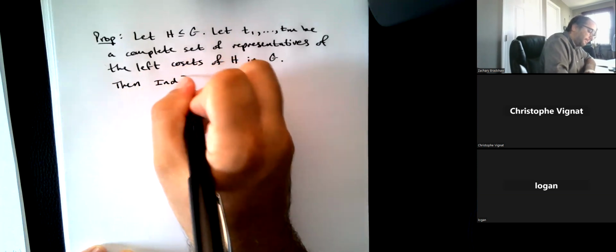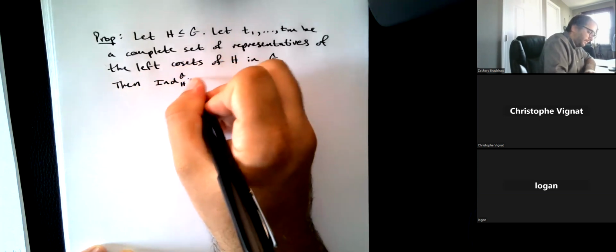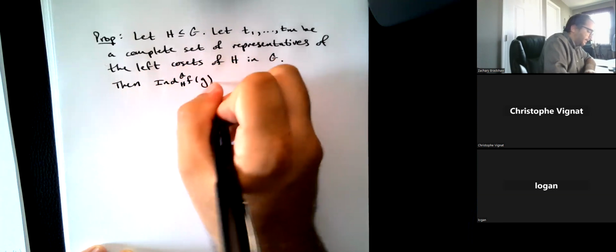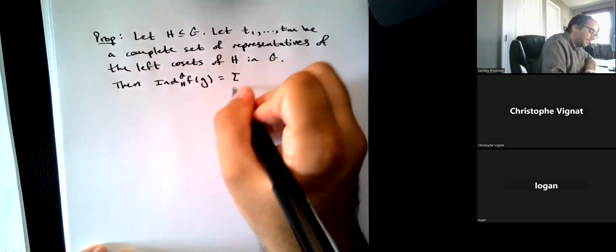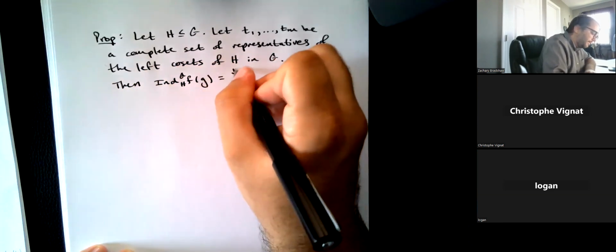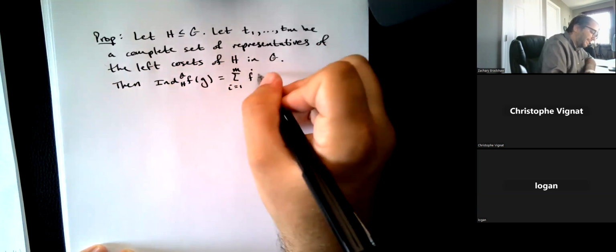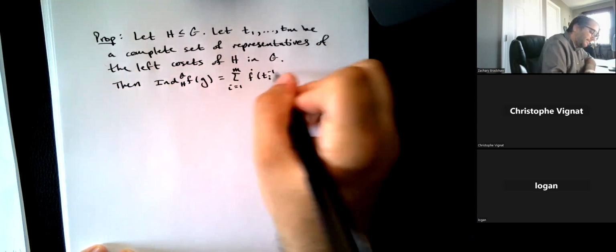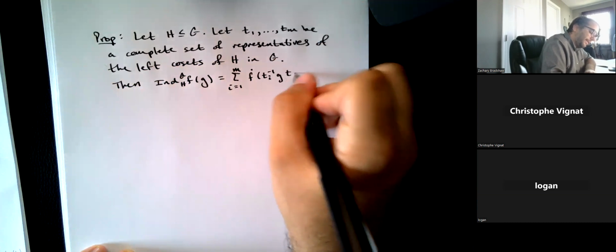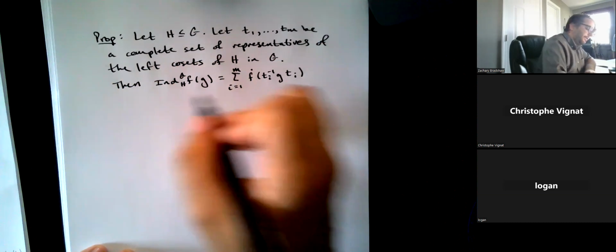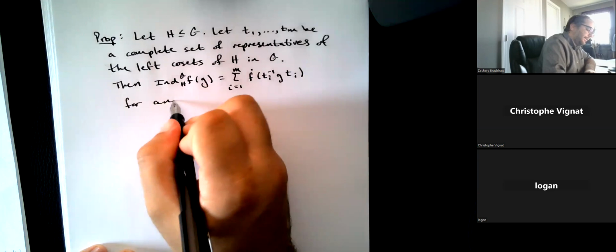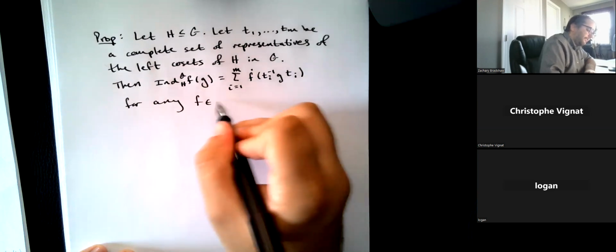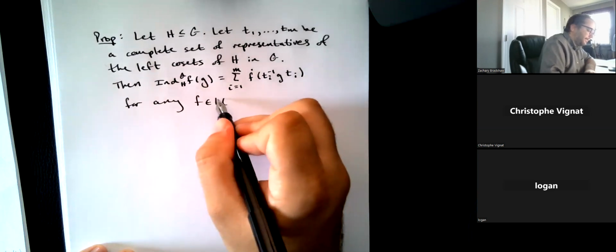The induced map acting on G is the summation from i equals 1 to m of F dot on Ti inverse G Ti. And this holds for any F, a class function on H, other way.